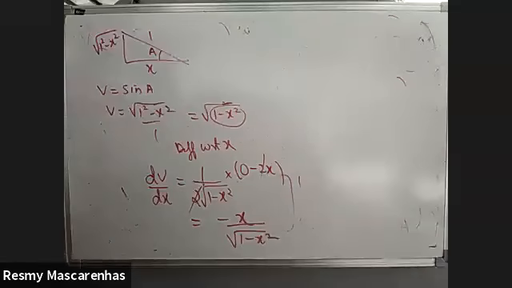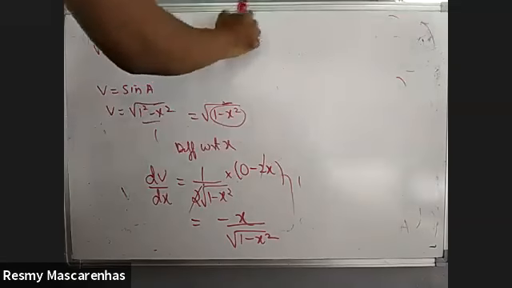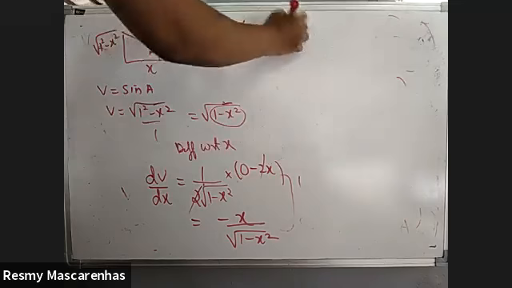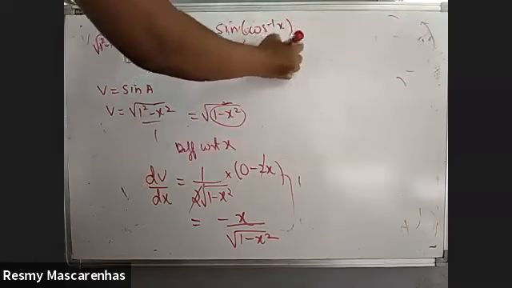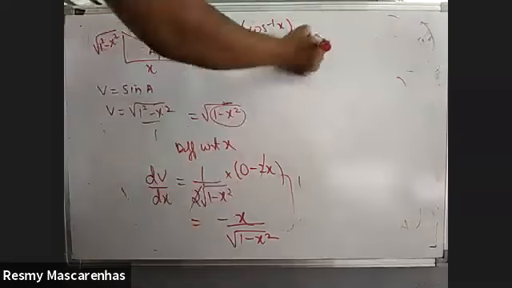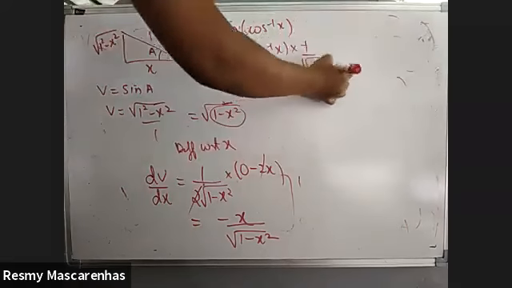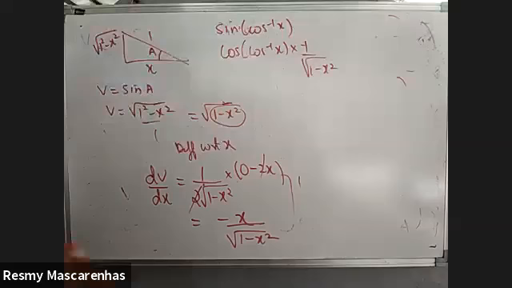Direct means of sine of cos inverse, derivative of sine is cos of cos inverse x, and then cos and cos inverse you can cancel that way. Yes, you can do. Okay, if you want you can do that way also.